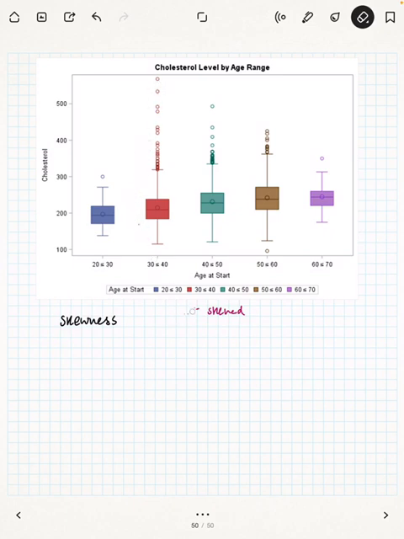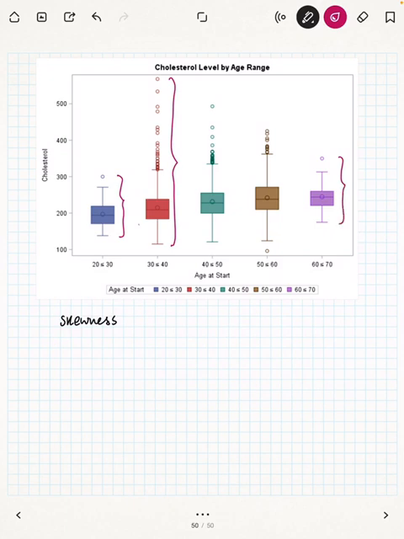Then, what else can we glean from this? We also have, implicitly, a notion of range, right? We can see how much more variation is present in this distribution than in this one. And so if we were to interpret that here, what we'd be saying is there's a lot more variability in the cholesterol levels of 30-year-olds than in 20-year-olds. Similarly, there's less variability in the 60-year-old range. And we still have a notion of center.